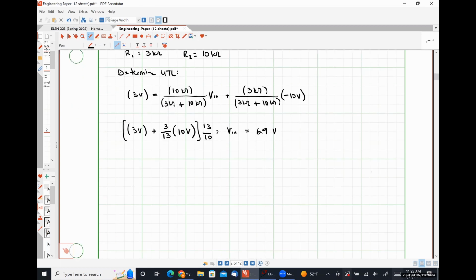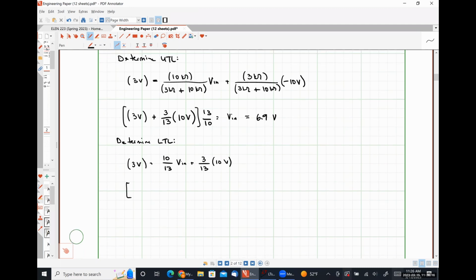Let's determine the lower trigger limit. We're using the exact same equation. Our reference voltage, 3 volts, will be equal to, I'm going to speed things up here, 10 over 13 times Vn plus 3 over 13 times V out, where in this case, our output voltage is positive 10 volts because we're transitioning from VCC plus to VCC minus.